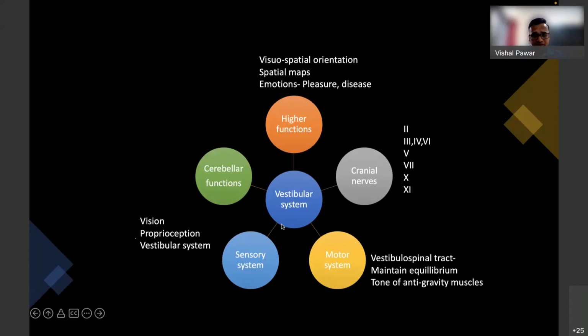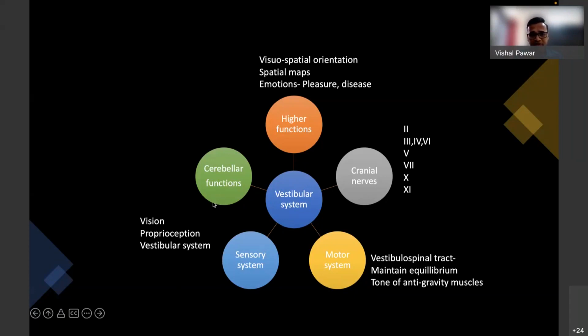And last, once vision is denied, and proprioception is taken off by asking the patient to stand on a foam and not on a firm surface, then we can elicit the vestibular system. Purely we are testing the vestibular system by asking the patient to stand with closed eyes on a foam. So this is the hierarchical arrangement of these sensations.